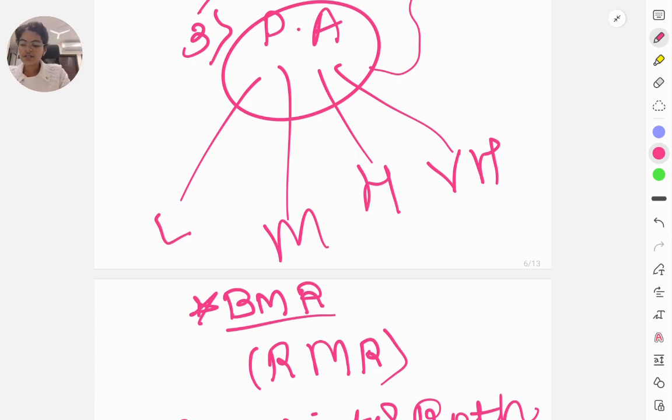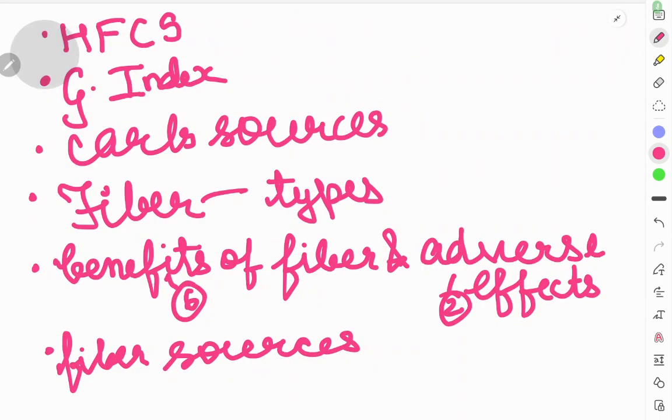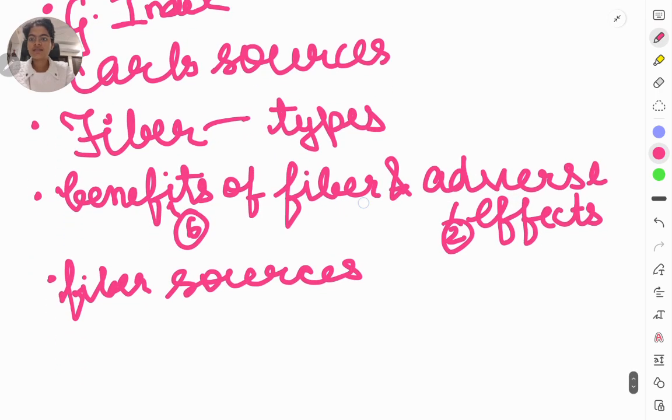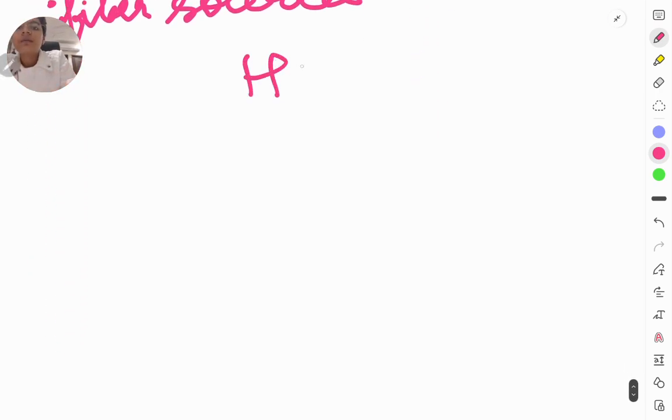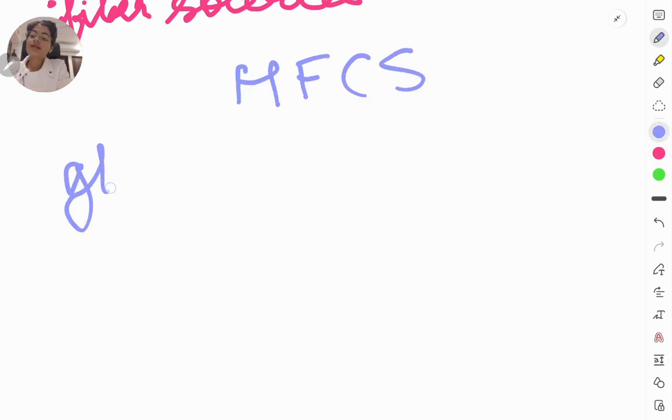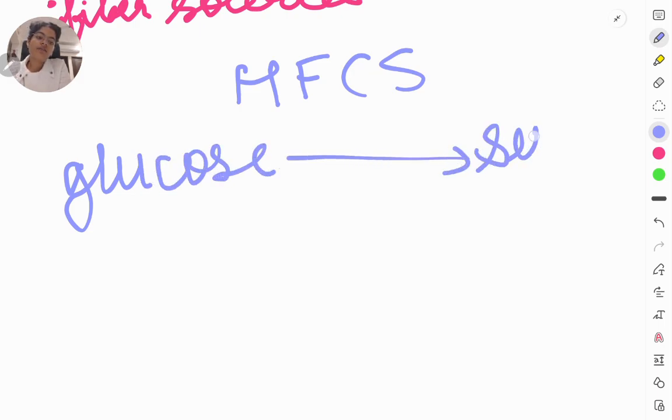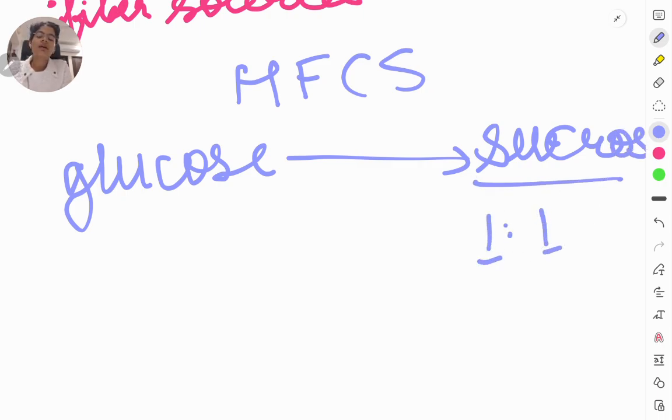Now let's see what is high fructose corn syrup. Okay. So the high fructose corn syrup is made when glucose is converted, and it has such a composition that it is 1:1, I mean 50% glucose and 50% fructose.